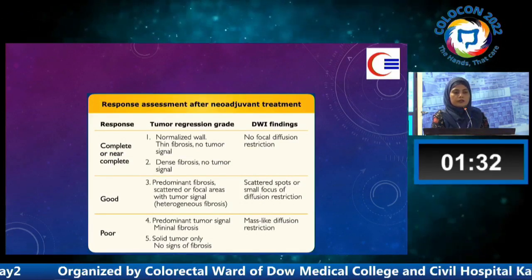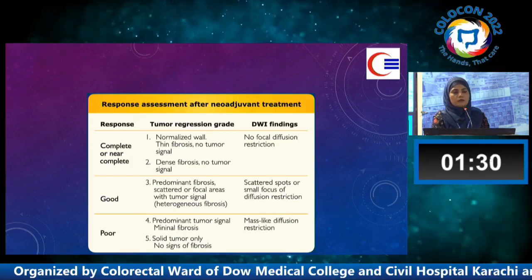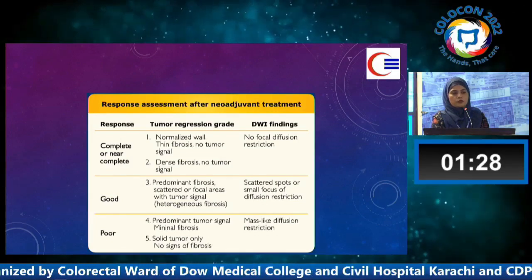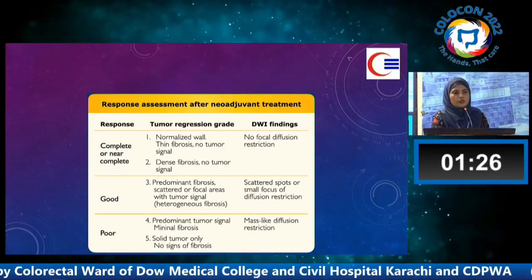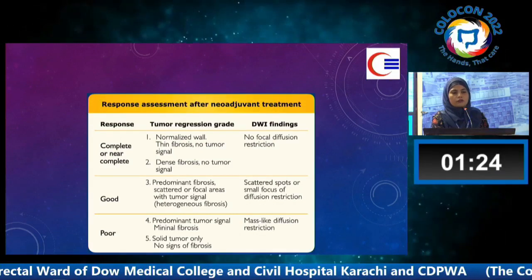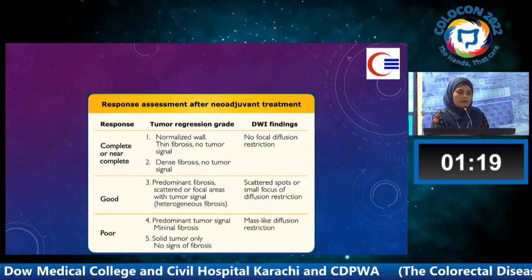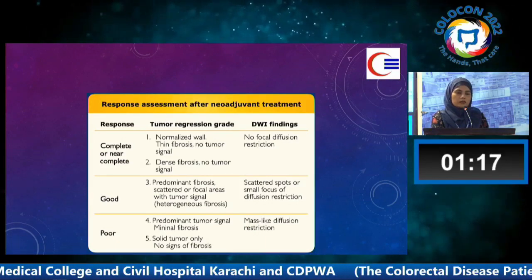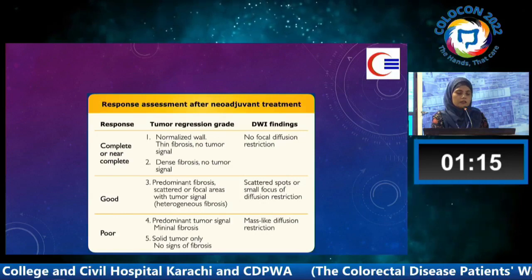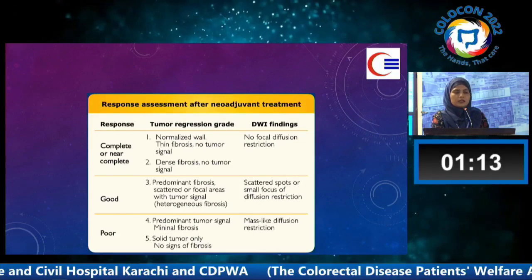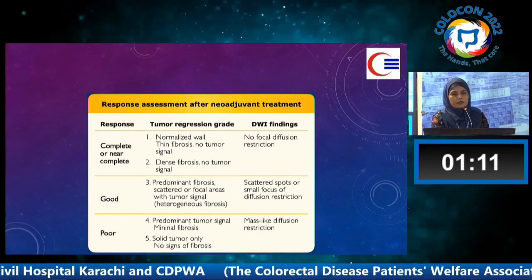Then grade 3 is when the major proportion is fibrosis with a little bit of tumor intermediate signal, and on diffusion weighted images we can see some specks of restriction, while grades 4 and 5 are those in which the major component is the tumor intermediate signal, little fibrosis, and significant restricted diffusion.